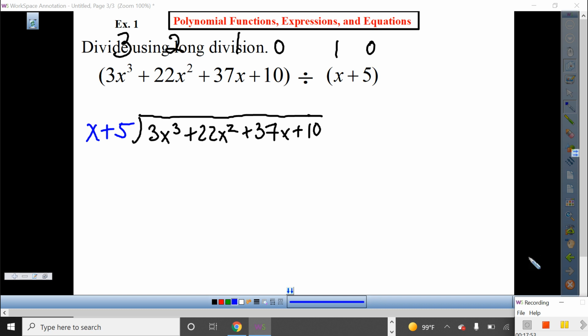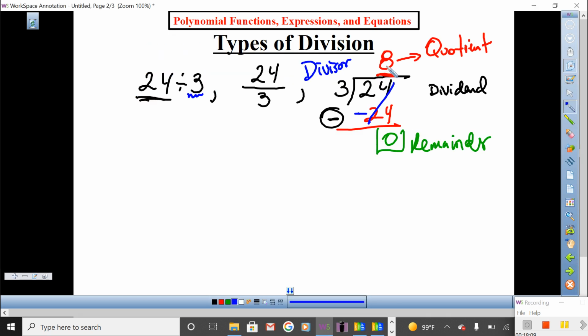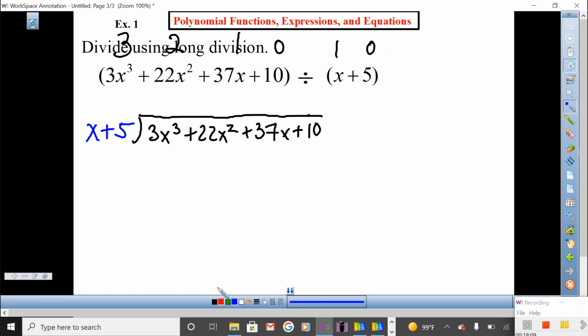Ready? All right. So we have a dividend divided by the divisor. So what did I ask you guys over here? I said, what number times 3 gives me this number? Is that correct? All right, so that's what I'm going to do.